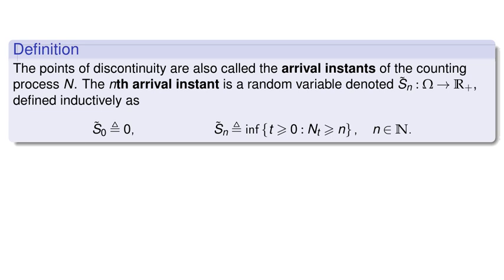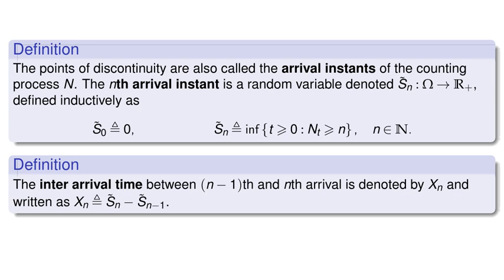For n in the set of natural numbers, S tilde n is the infimum of the set of all times t greater than or equal to 0, such that N t is greater than or equal to n.